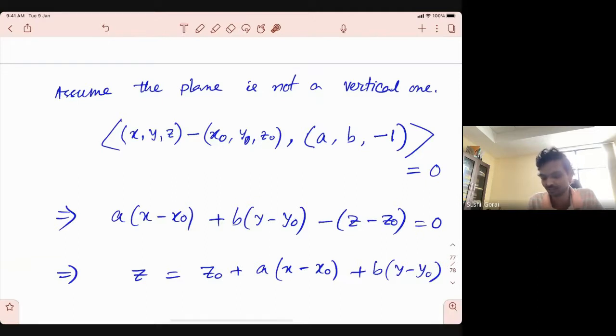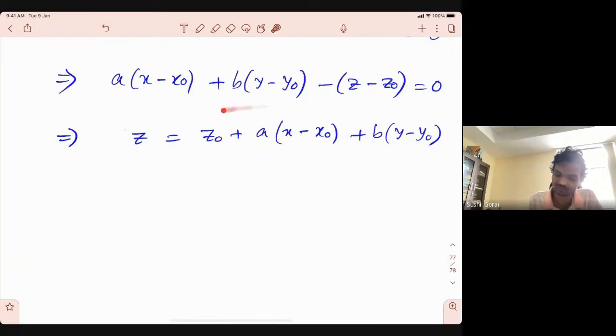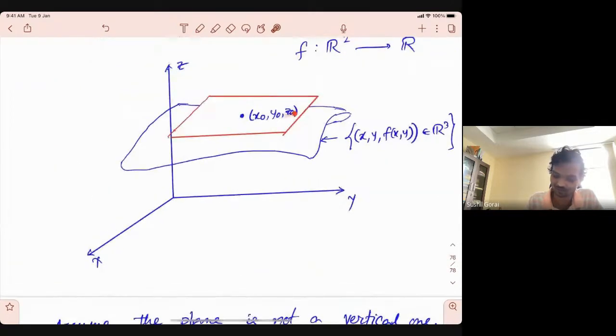Since it is equal to 0, that constant goes away. So if there is a c here, you take minus c as the constant. So this will be the equation of a plane which passes through here.